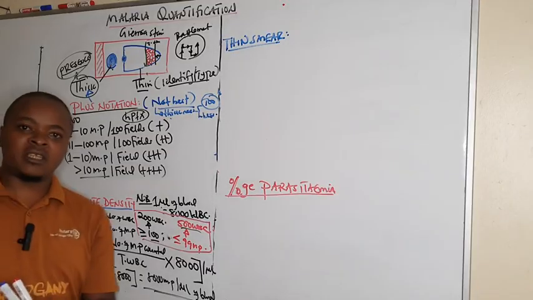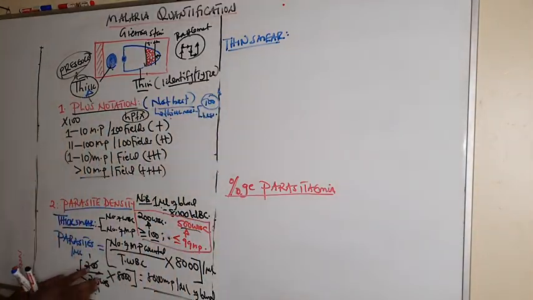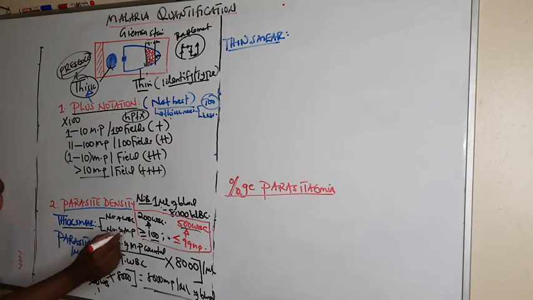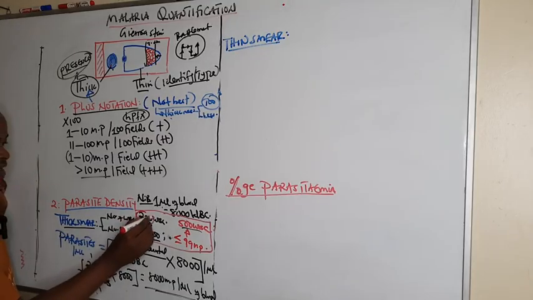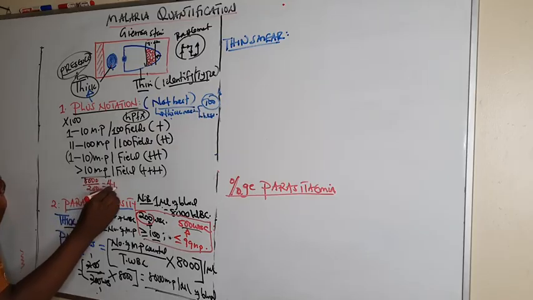But for a quick check, or if you are in the lab and you don't have time to calculate in this way, because this formula is the WHO recommended, we can use a factor. If we are counting and using 200, 8,000 divided by 200 white BCs gives a factor of 40.